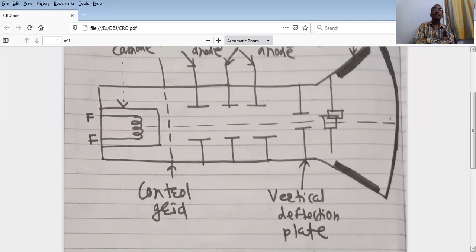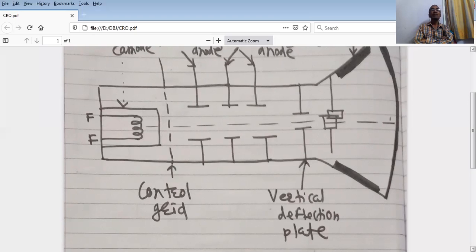So, while doing the construction of these, scientists may face a number of problems. Number one, how to generate an electron beam. That's why they thought we have to use a material like oxide material.